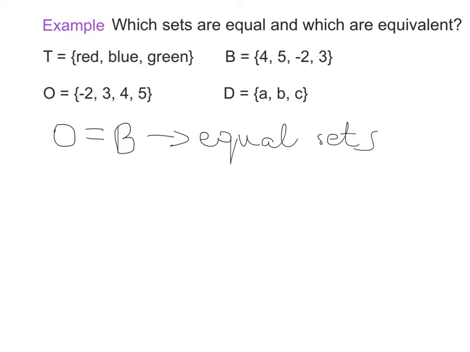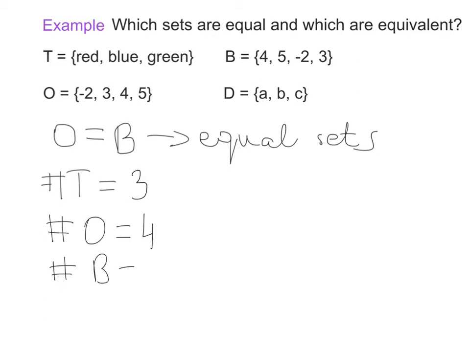Okay, now let's look at equivalent sets. First of all, we need to find the cardinal number of each set. Cardinal number of T is 1, 2, 3. Cardinal number of O equals 1, 2, 3, 4. Cardinal number of B equals 4, and the cardinal number of D equals 3.